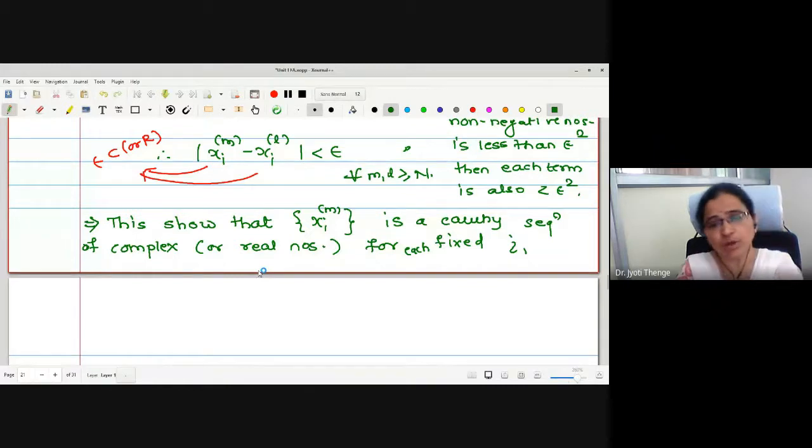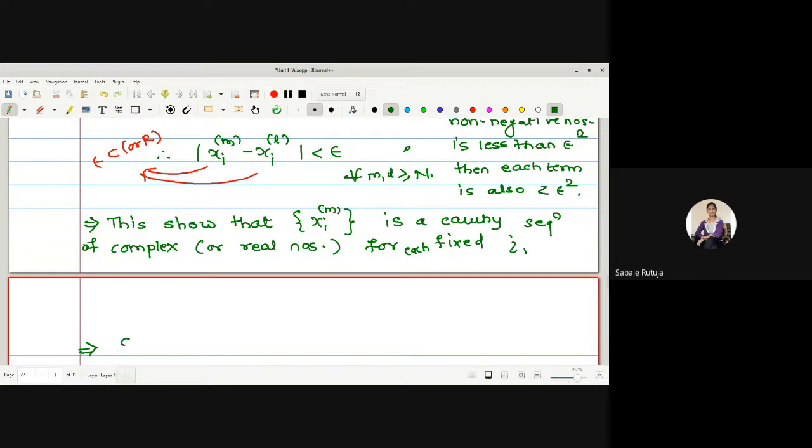numbers. But what is the fact known to us? Complex and real numbers are complete spaces. Therefore, what about the nature of this Cauchy sequence? May I say it is convergent? Convergent.